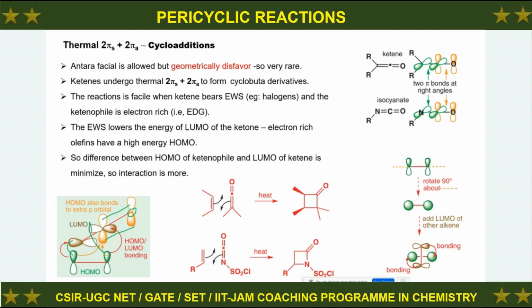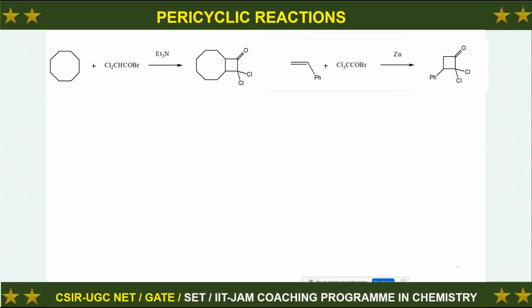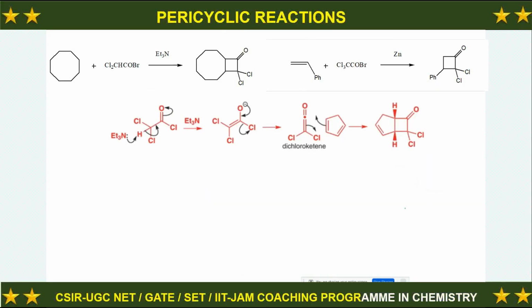So this is a clear picture of how the antarafacial mode is. We should understand this one. So isocyanide also can participate because of the double bond nature of this one. So these p orbitals are very helpful for the antarafacial interactions between an olefin and a ketene. Okay. So some examples.